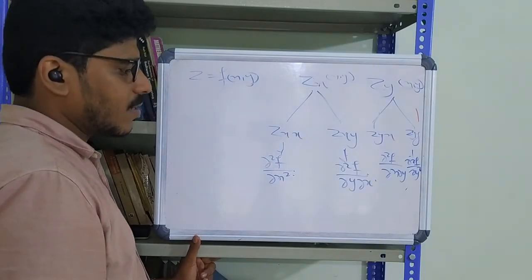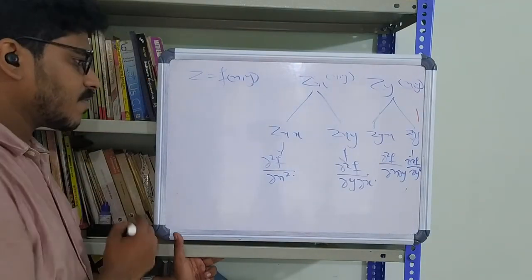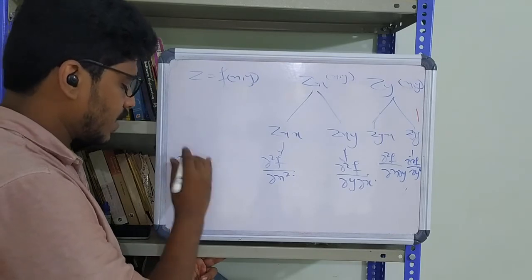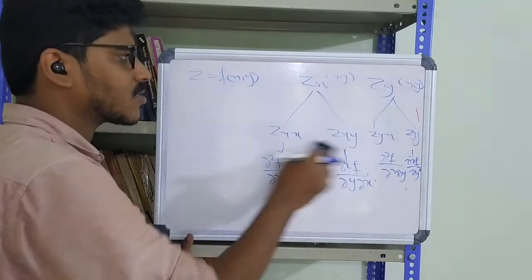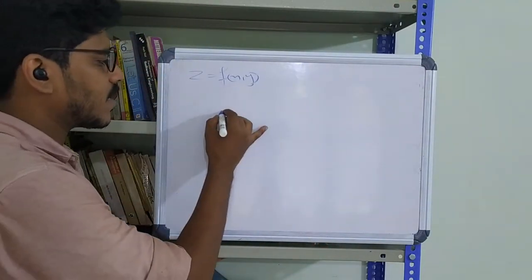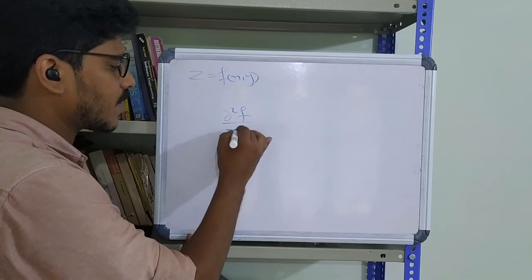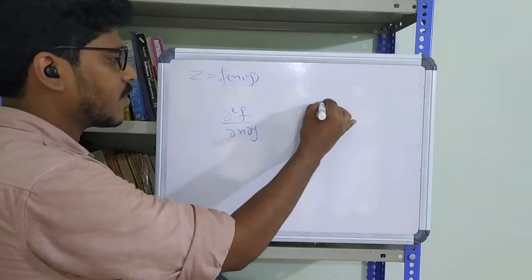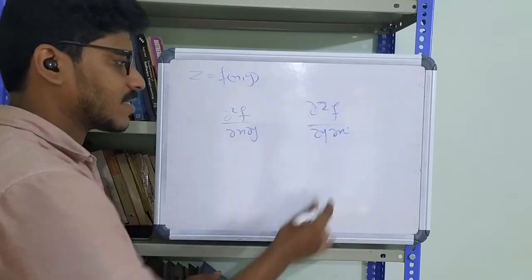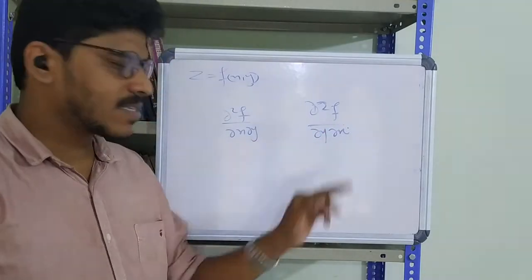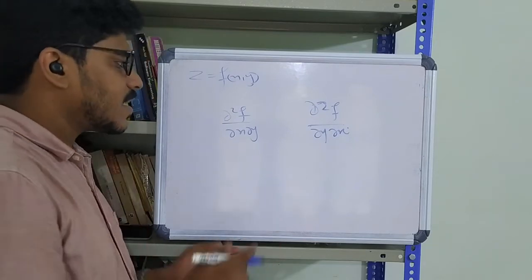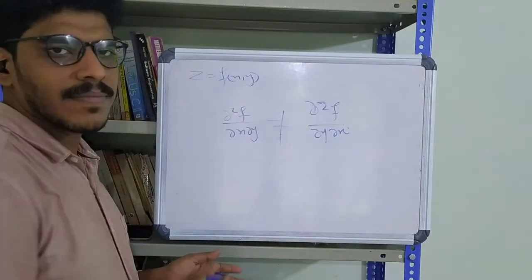Okay, we may wonder what the difference is between dou square f by dou x dou y and dou square f by dou y dou x. You may possibly think that they are the same. See, the order changes here, or does it make any sense? In general, they are not equal.